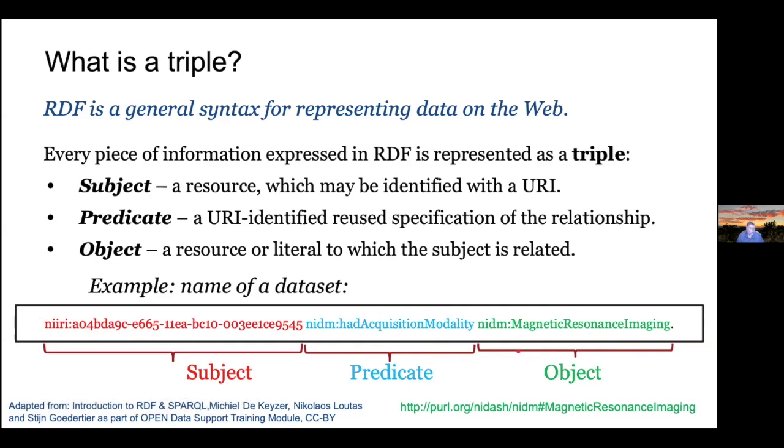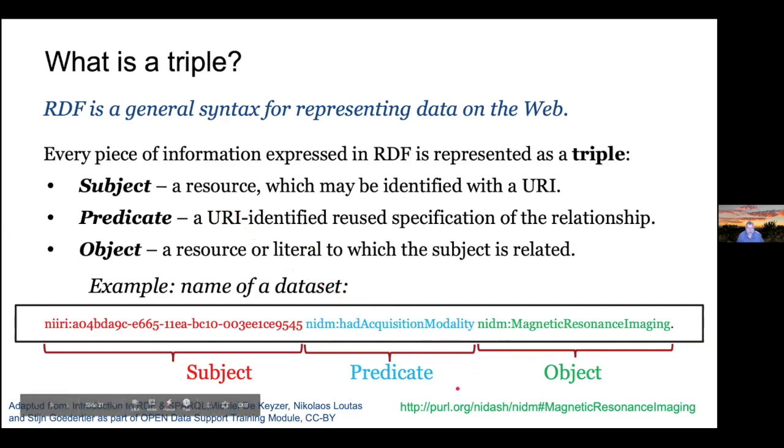So if you look at an NIDM file, you will see all these types of triples. And the important thing to note as well is that there's a shorthand way of defining the URI. So this is a URL-looking type identifier.